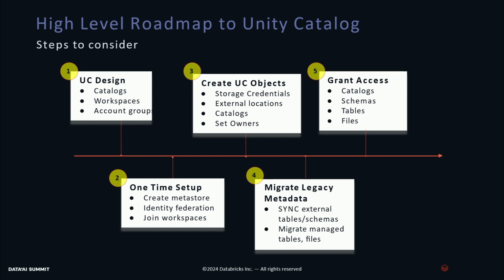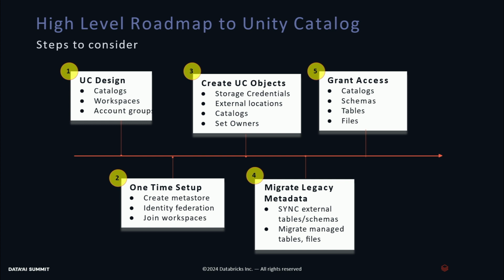Now, this is a brief, high-level Unity Catalog roadmap. What are the steps involved when we decide to go to Unity Catalog and set it up? The first thing we need to do is see how we are going to organize our catalogs, whether they would be department specific, data plane specific, etc. Then, how many workspaces we are planning to link to that centralized metastore, and how we would achieve identity federation.